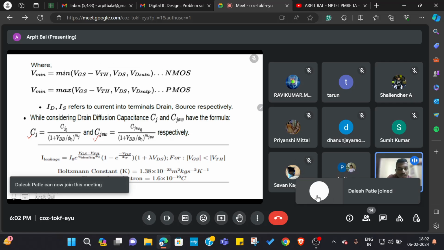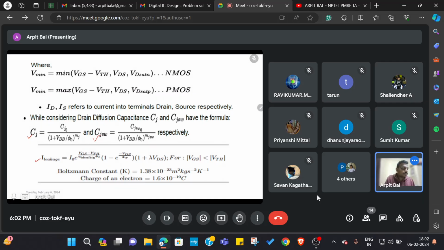I request you to please note this down, and also this I leakage formula. I'll take a 1 minute pause so that you can note down these three equations, so that we can proceed with today's tutorial session.